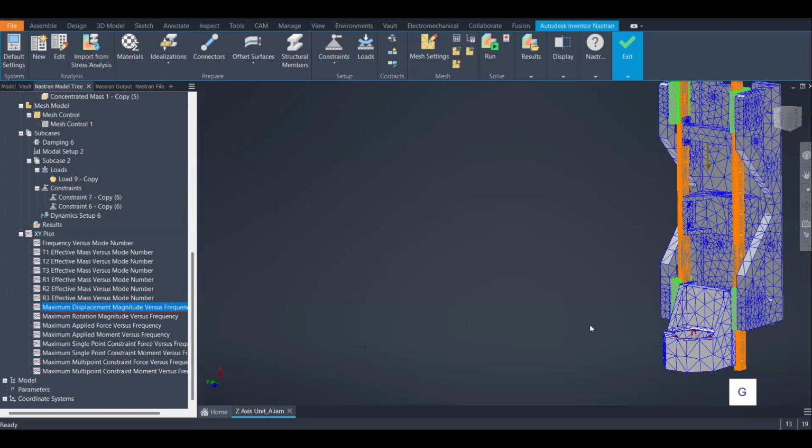And with the help of the strain energy density plot that is in the normal modes analysis, I should be capable of identifying those areas that require to be stiffened. So if you also need to check that information, you can see here the first video of the series.